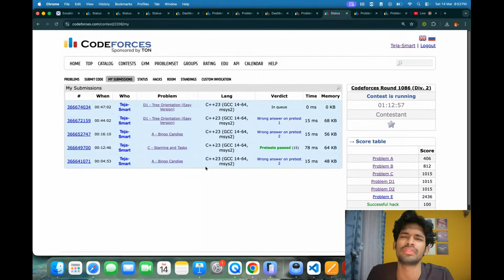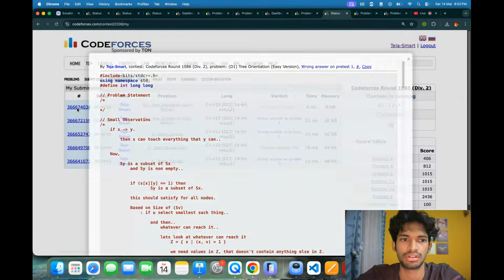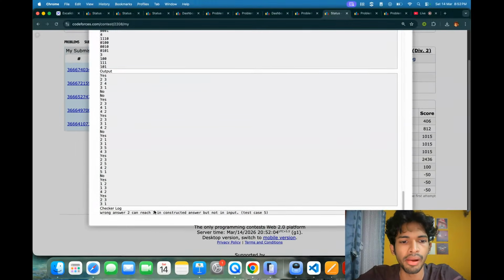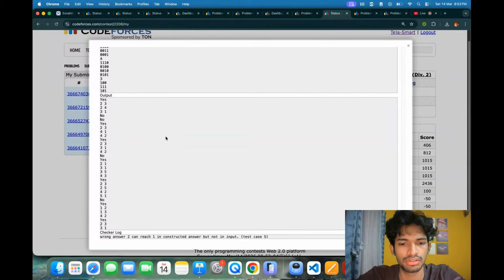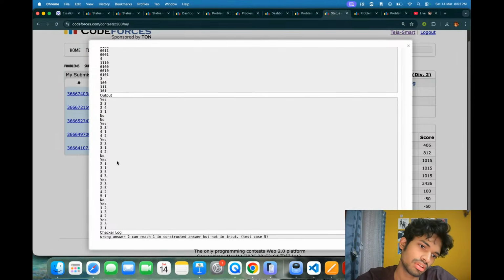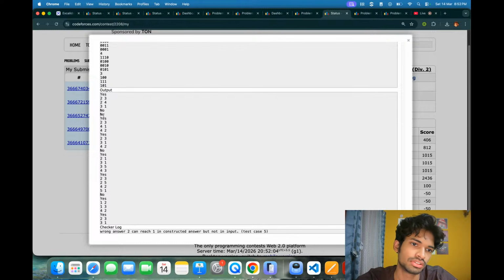Now, how can you remove one thing and then how can you find a leaf in O of n and find its... No, this should be no, right?